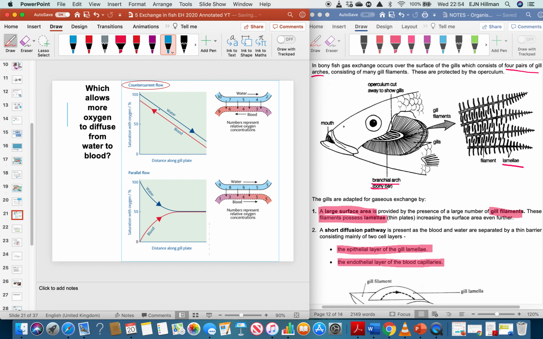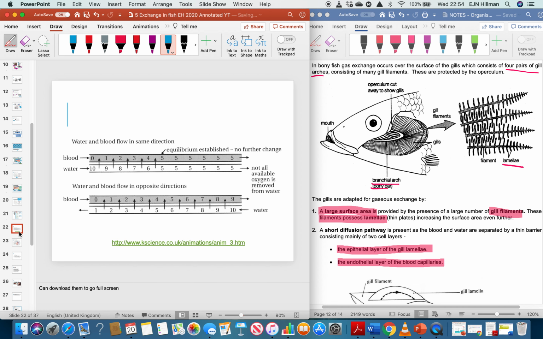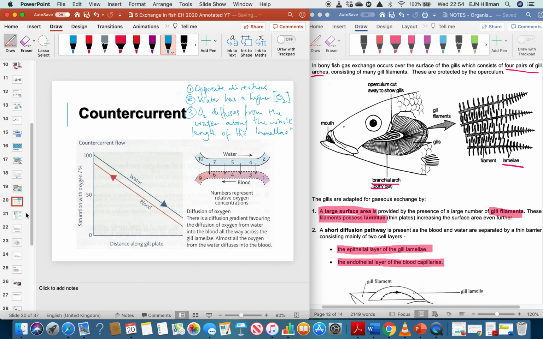With countercurrent flow, it can be much higher, usually around 80% on average. You might say here, equilibrium is not met in countercurrent flow.